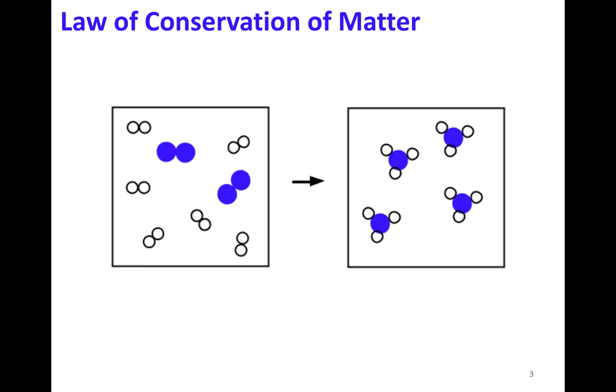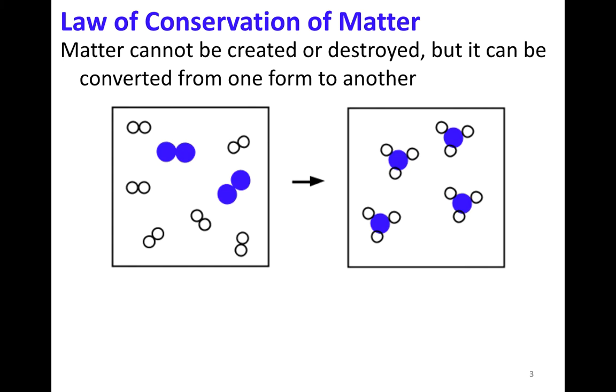So now let's define the law of conservation of matter. Matter can't be created or destroyed, but it can be converted from one form into another. Here's a little pictograph of that. I have a bunch of blue dots and a bunch of black circles, and something happens and now they look like this.